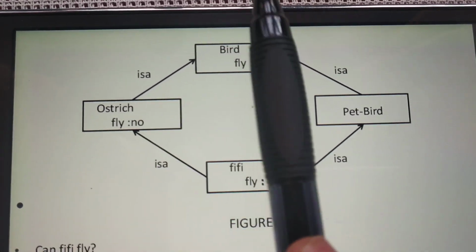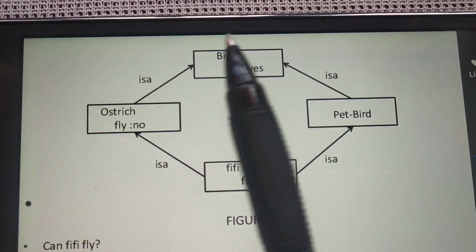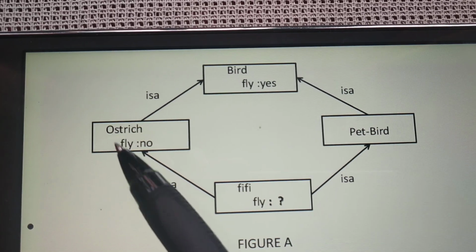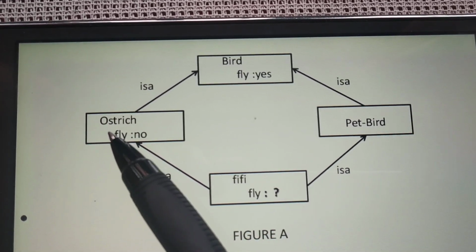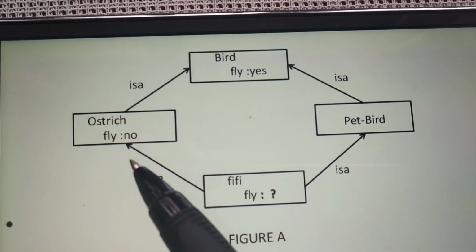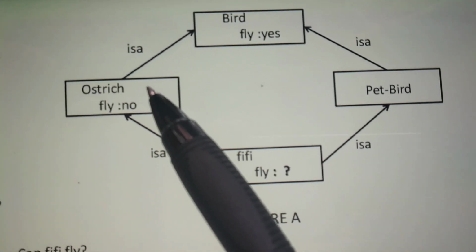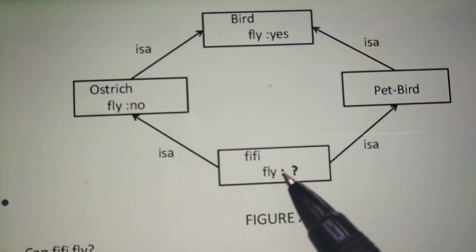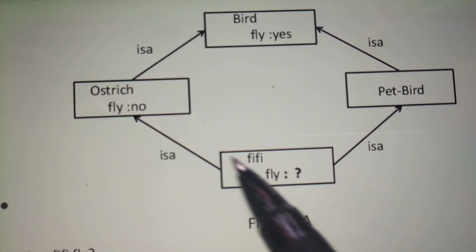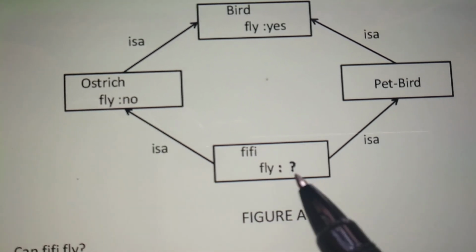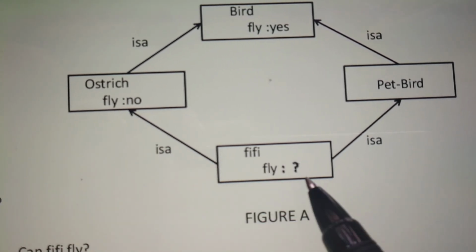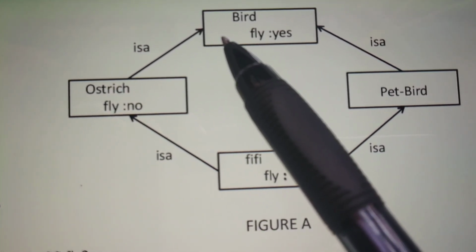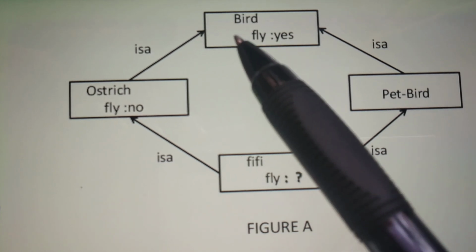But we have seen only one side. Now if you see the other side, Fifi is also an ostrich. Ostriches are a special type of pet birds which do not fly. So the fly attribute of ostrich is no. So if you consider this side, the fly attribute of Fifi will have the value no. Ostrich is a bird.